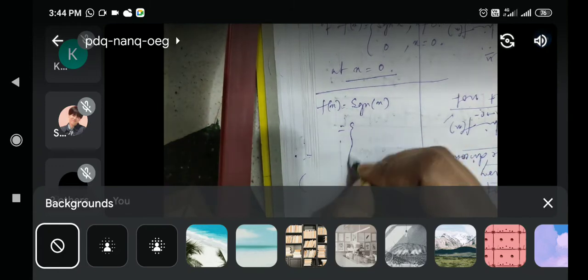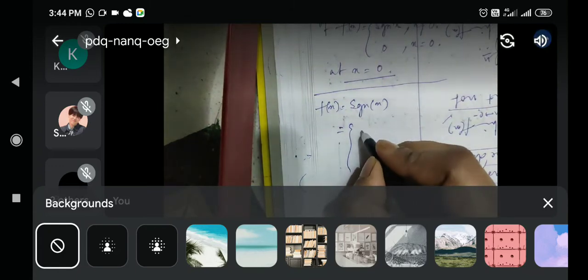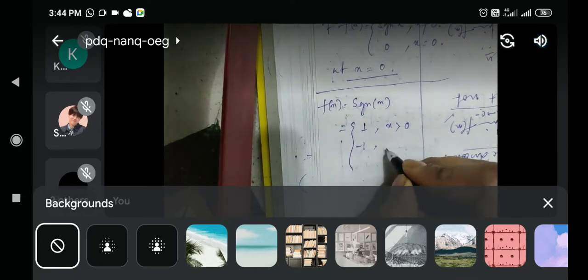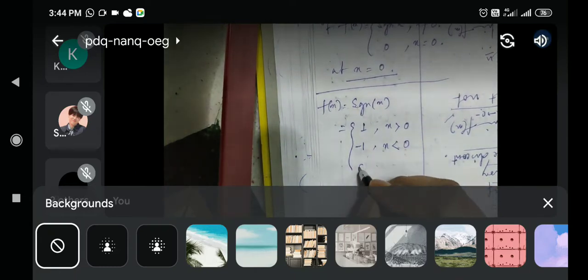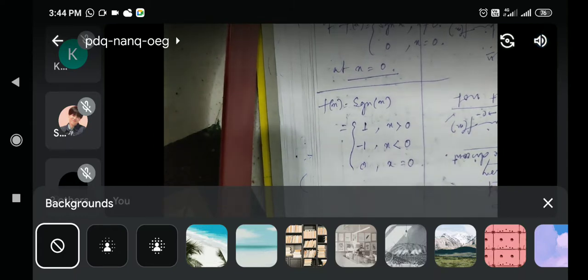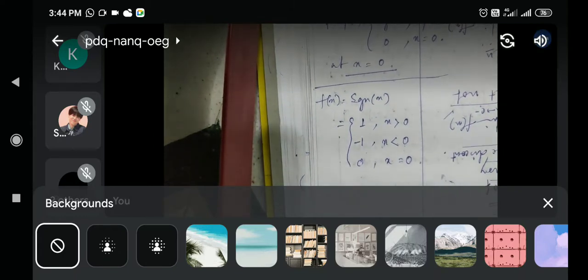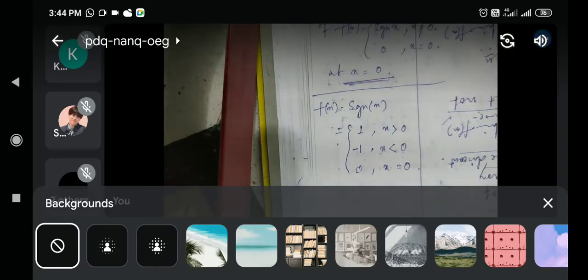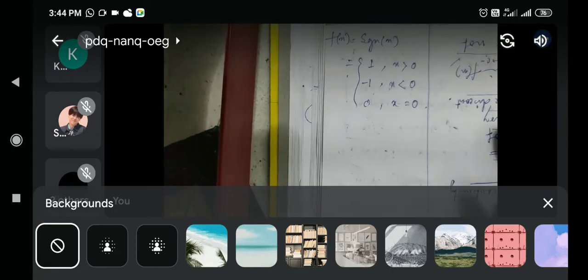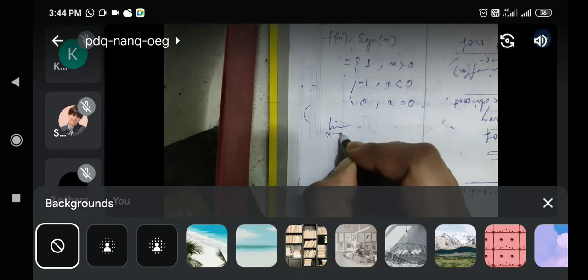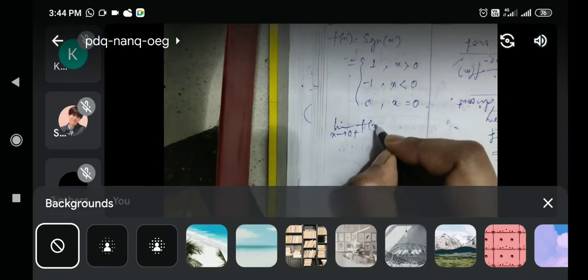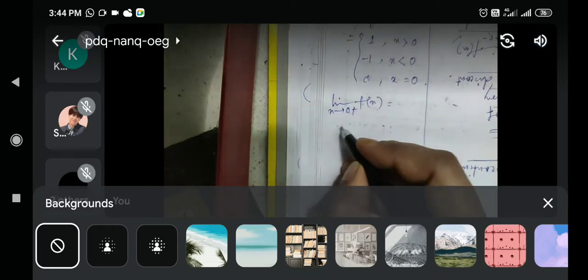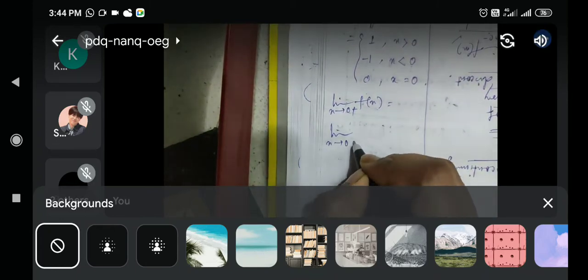Yes, that means it will take the value x by x, which is equal to 1 when x is greater than 0, minus 1 when x is less than 0, and 0 when x equal to 0. This is the signum function. We have to check the continuity at the point x equal to 0. So start: left hand limit, right hand limit, check it. This is very easy. You all have done it in 11th or 12th standard. Find out the limits.